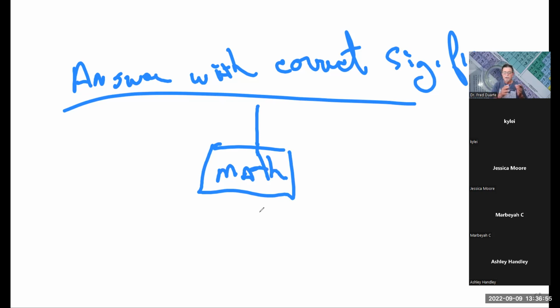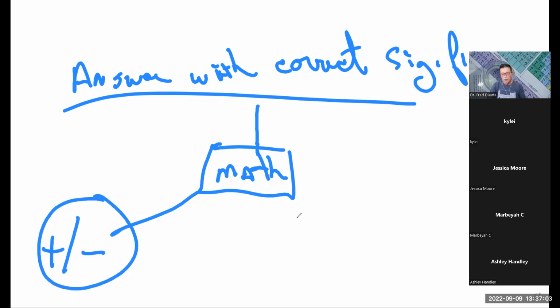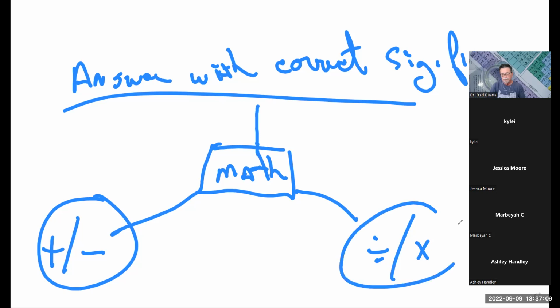What type of math am I doing? Am I adding and subtracting, or am I dividing and multiplying? That's what you should ask yourself first when you read the question, because that's going to determine how you treat this Sig Fig situation.